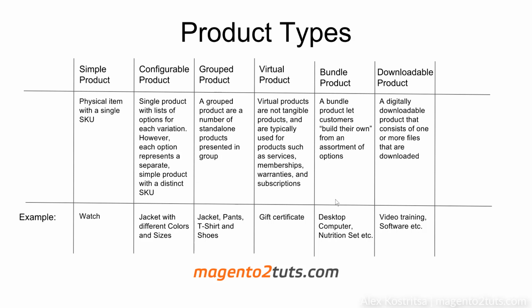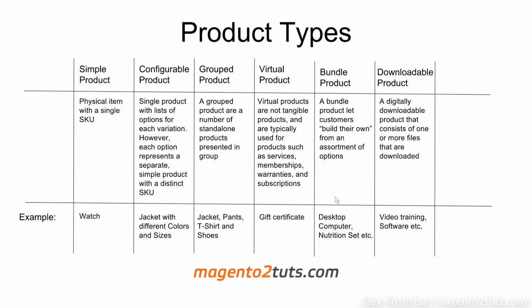So let's say we're in the hardware business and we are selling computers, and we would like to offer a desktop case to the customer, and it actually may cost $0. And when they select the case, they can actually select hardware that they would like to obtain.